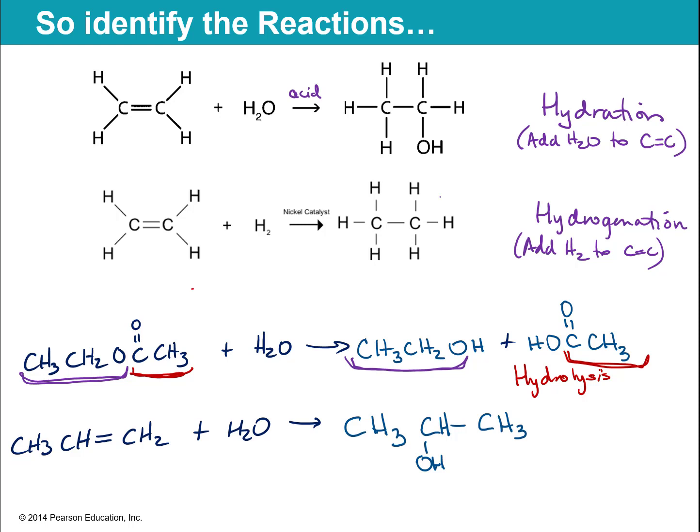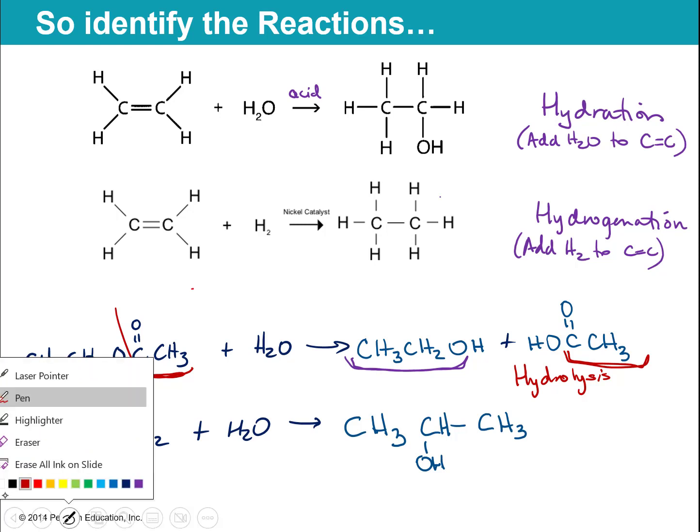So how would you tell that apart? If I add water to a double bond, I know it's hydration. If I have water as a reactant, and it looks like I took the reactant and now I've got two, I split it. So this splits the molecule in half. Hydrogen gets added to one side, alcohol group gets added to the other.